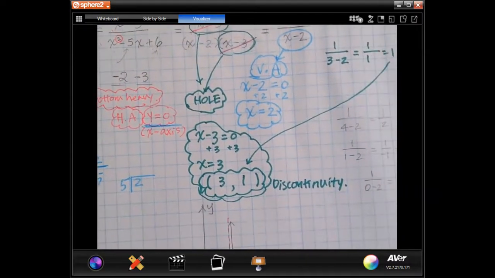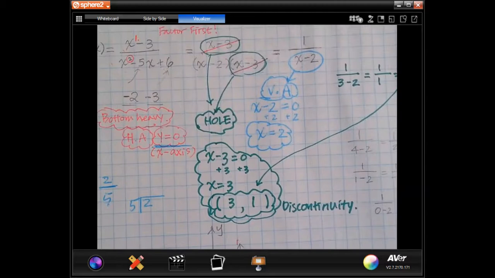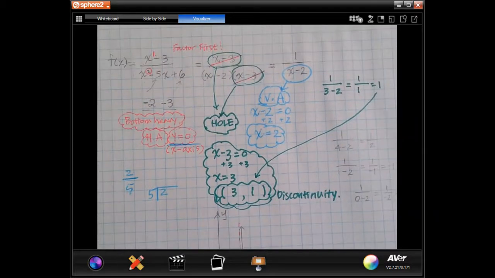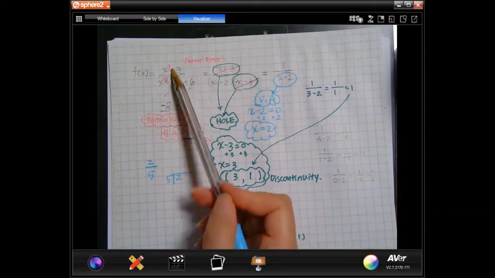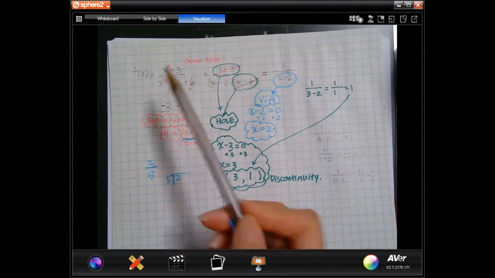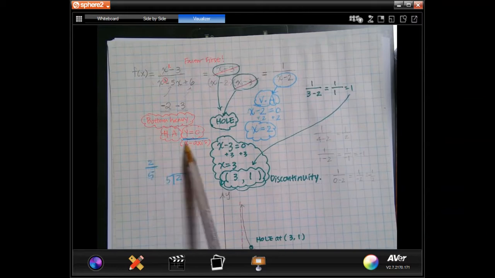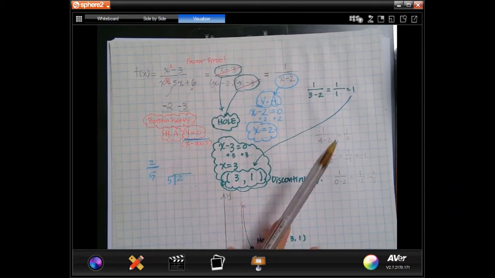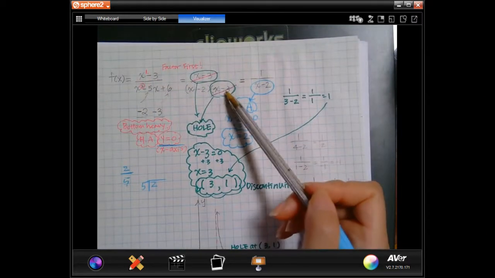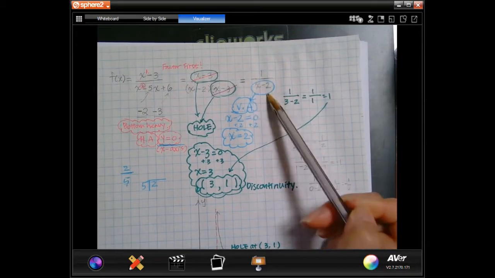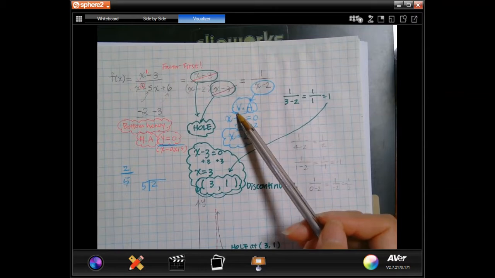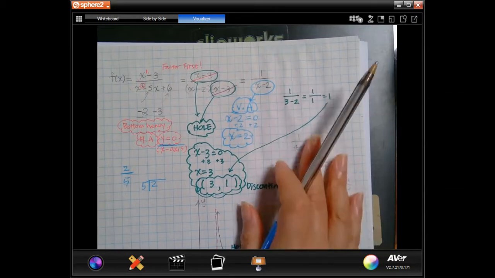Okay, and now let's recap this whole example here. From the degree of each side, I can tell the horizontal asymptote. And once you have the simplified form, from the denominator I can tell what? The vertical asymptote.